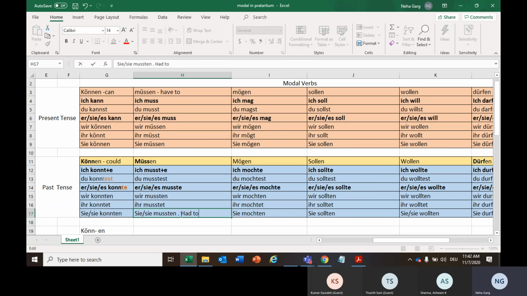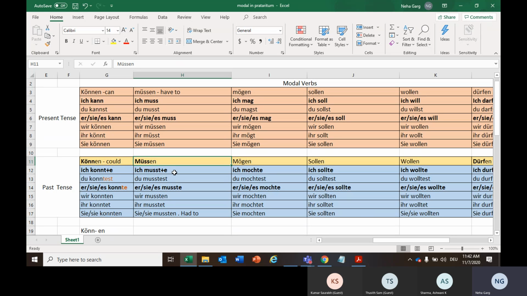So that's how they are changing. Now the rule which we have seen while conjugating können will be followed by all other modal verbs as well. So let's see müssen. Ich, muss is our stem word, so we will remove the umlaut plus t plus e.